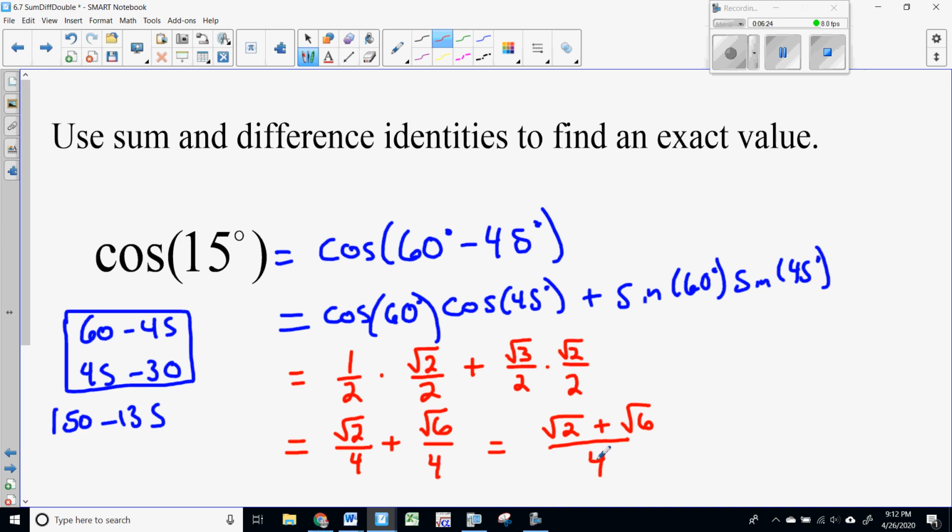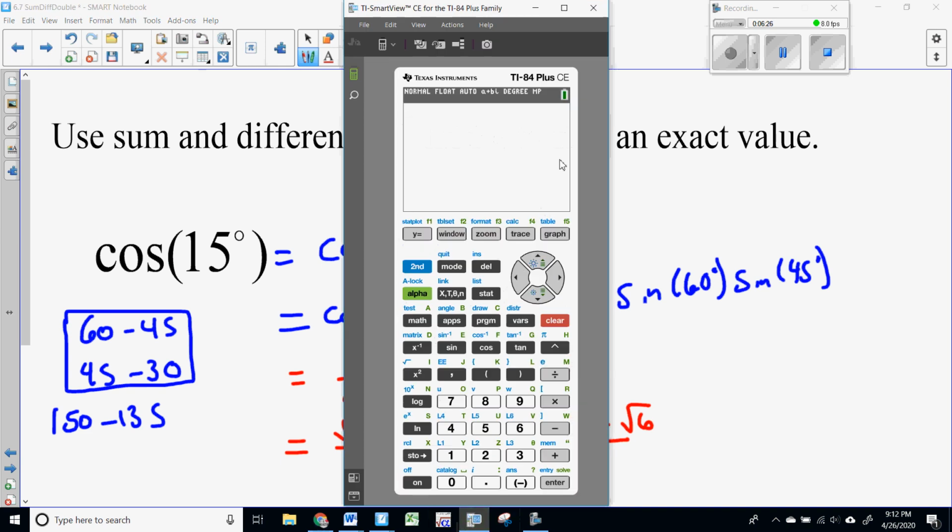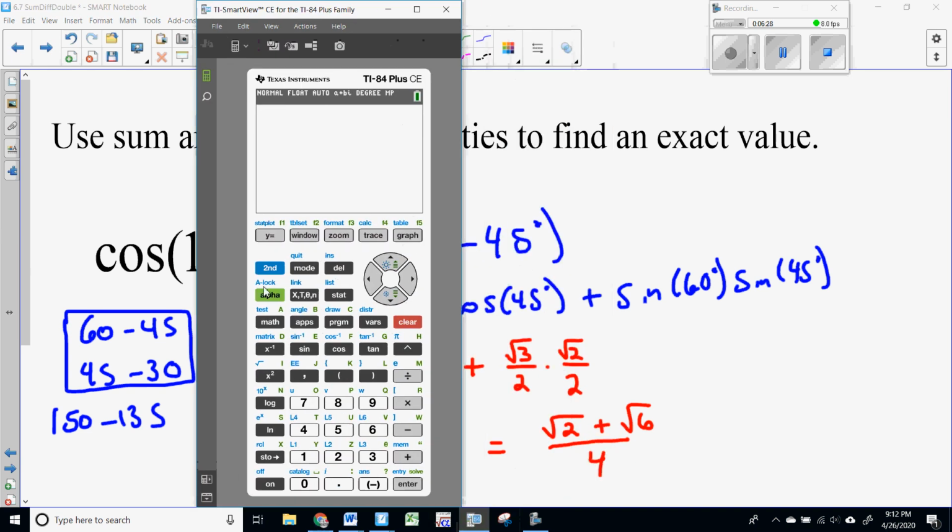Now, let me show you what we did here. If I have the square root of 2 plus the square root of 6 divided by 4, I get this.